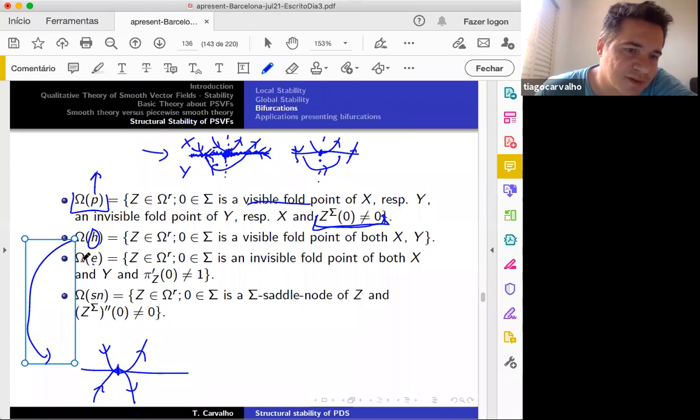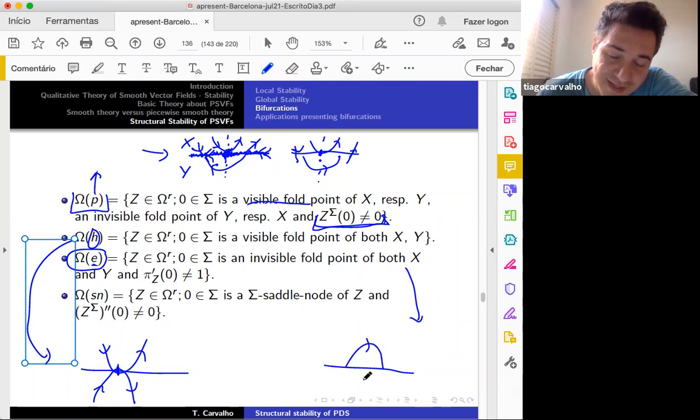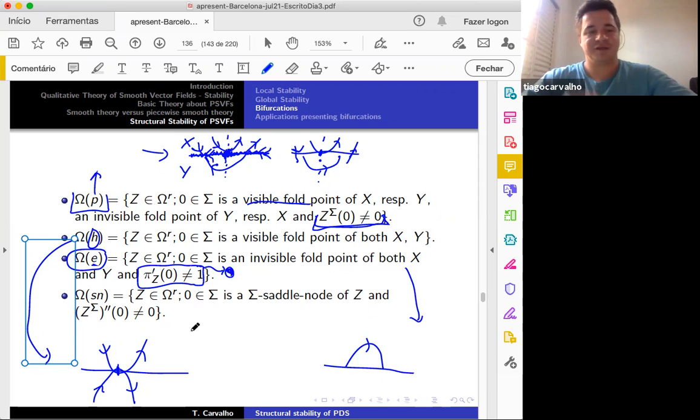This case is omega E because the phase portrait looks like it has an elliptical behavior, but we have to consider the genericity hypothesis that provides us that the first return map is not equal to one.